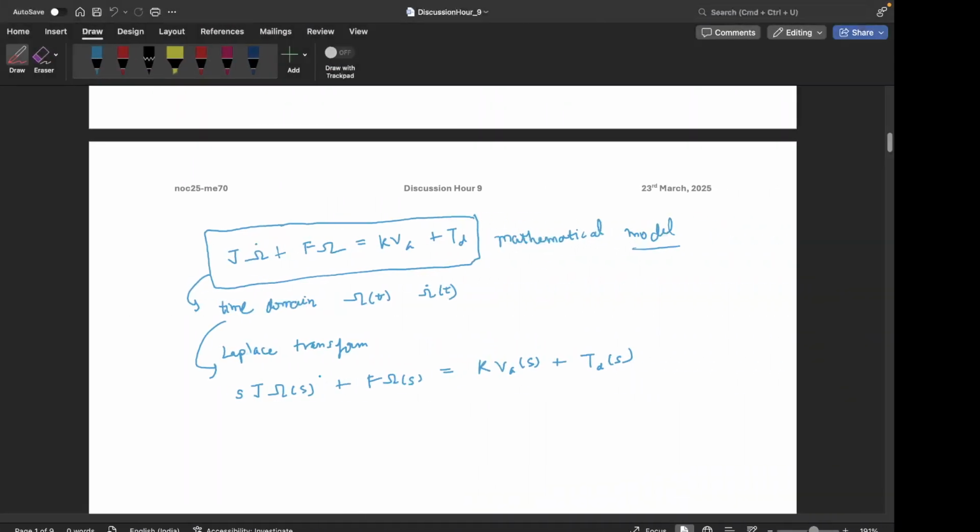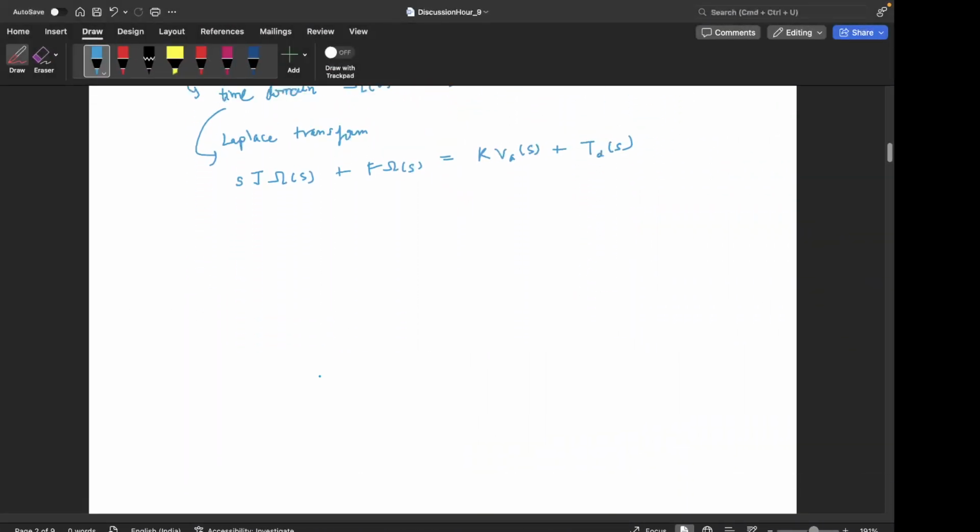Now we come to a very important concept known as the transfer function, right? This is one of the most important concepts in the whole control literature. The meaning is very easy to understand.